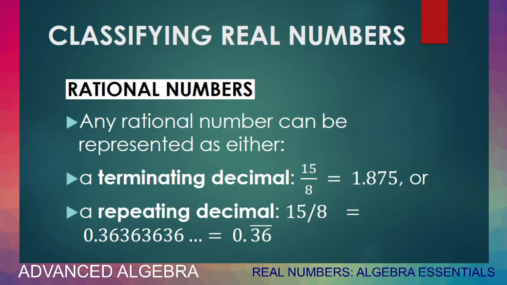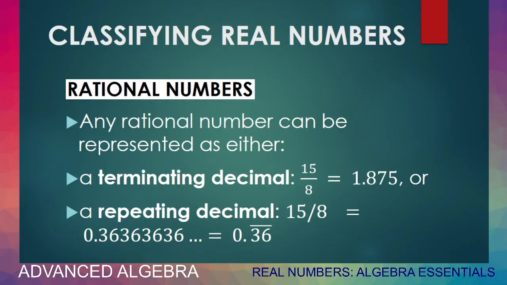Since ang tawag sa fraction bar is vinculum, yung vinculum ay may ibang gamit din. Sa halip na gamitin siya as fraction bar na naghihiwalay sa numerator and denominator, ginamit natin siya sa repeating decimal kapag umuulit yung number sa decimal.